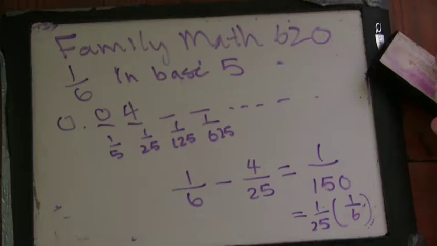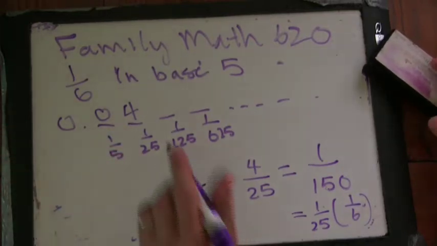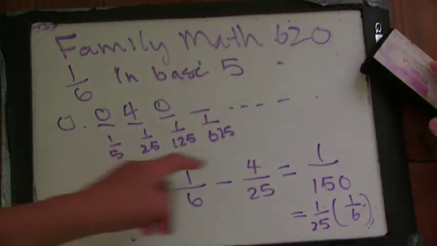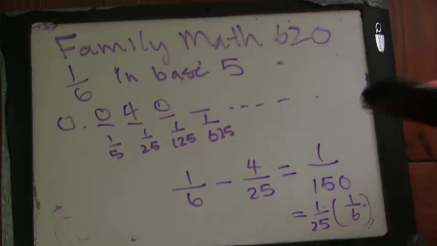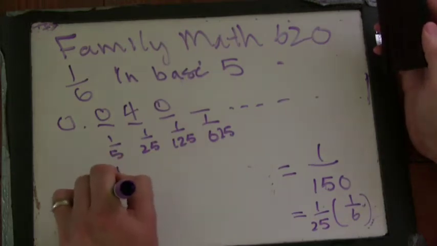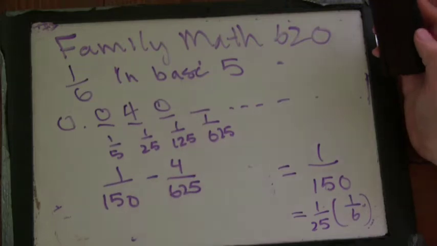So what should I do now? Well, 1 over 125 is too big, so I'm going to put a 0 there. But 1 over 625 works, and again we'll probably use 4 of them. So I'm trying to write 1 over 150 minus 4 over 625.